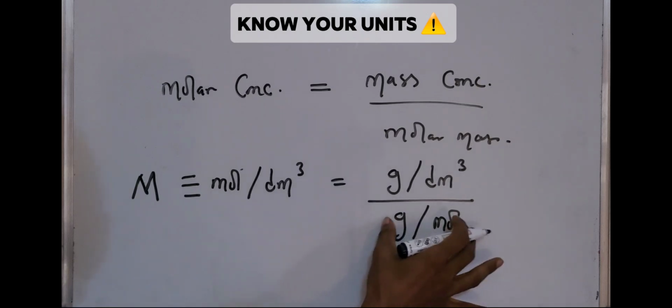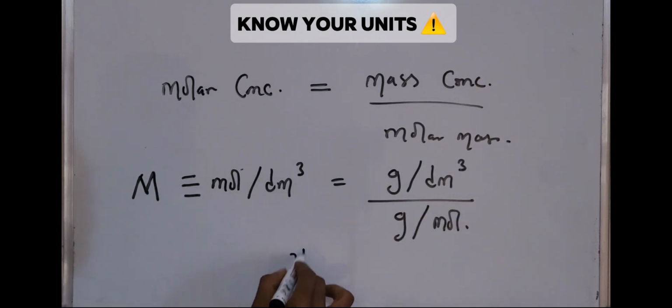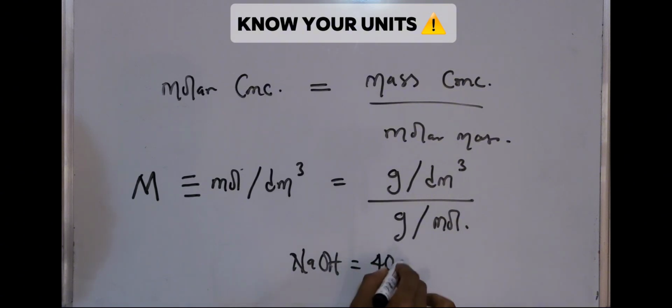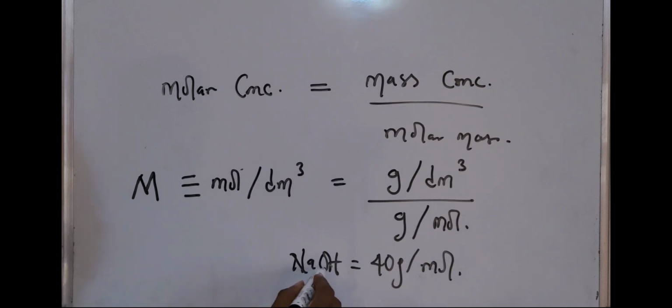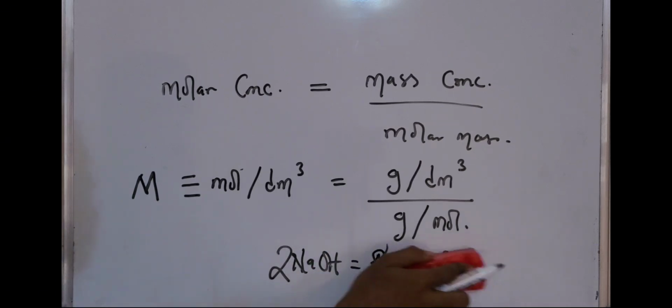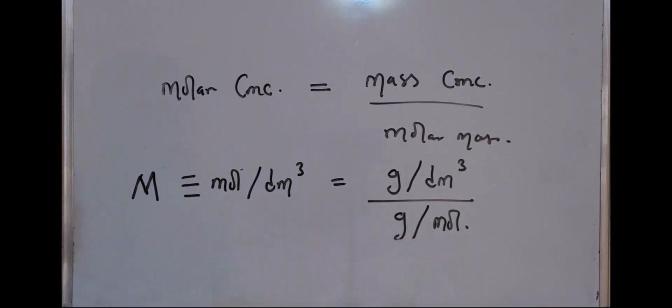For example, if we had sodium hydroxide and the molar mass is 40 gram per mole, sodium 23 plus 16 plus 1, 40 gram per mole. So this is the mass of 1 mole of sodium hydroxide. So if we had 2 moles, that would be 2 times 40, that would be 80. Okay, so that is what molar mass is all about.